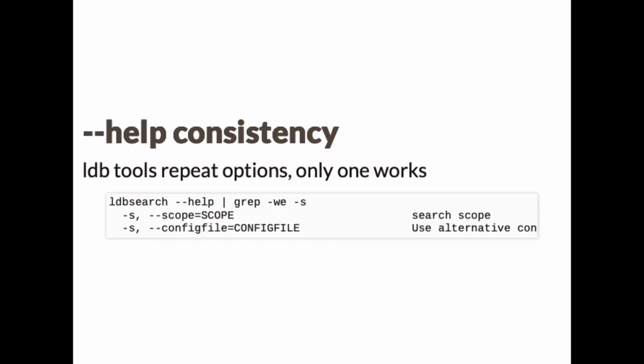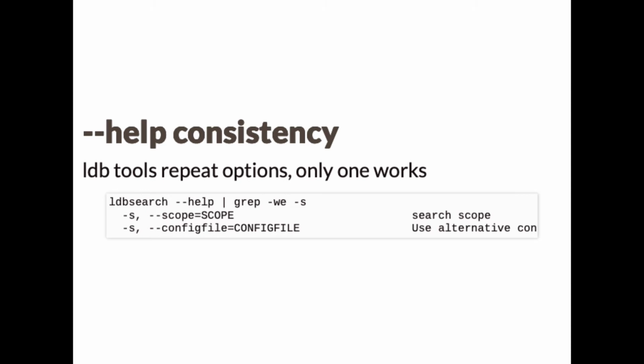Right, so then, this is kind of going on to another subject. I noticed a while ago with the LDB tools like ldbsearch, ldbedit, and stuff like that, if you go ldbsearch -s, I was trying to give it a new config file, and it wasn't working.